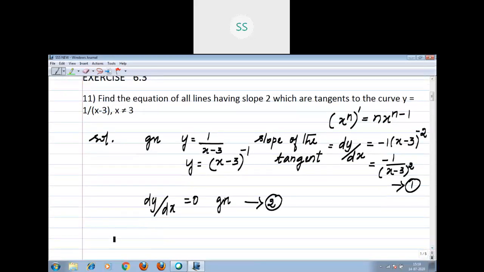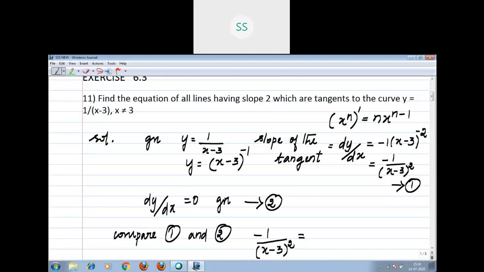Compare 1 and 2. What will you get? The left hand side dy by dx is there, and here also the left hand side is dy by dx. If the left sides are equal, automatically the right hand sides become equal. Now you are going to equate. Minus 1 by x minus 3 the whole square equal to what?